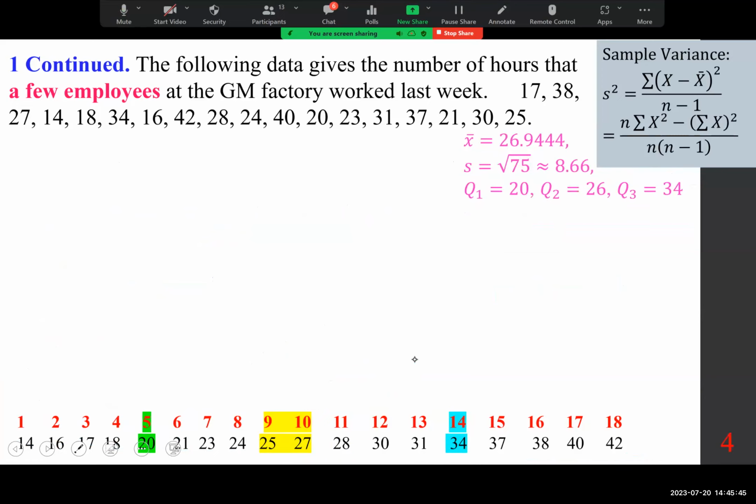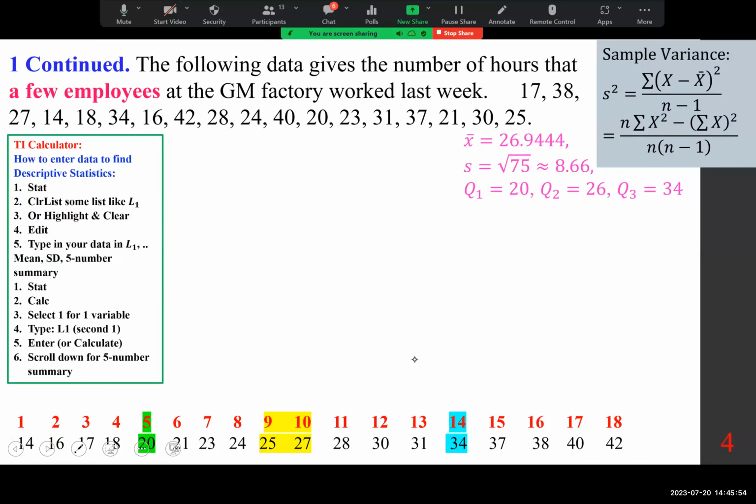All right, what I want to show you is how to use technology. For example, the TI calculator, and you can find this information in the last module of Canvas. So how to enter data to find descriptive statistics.